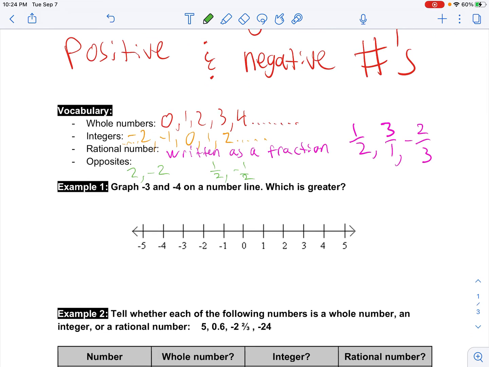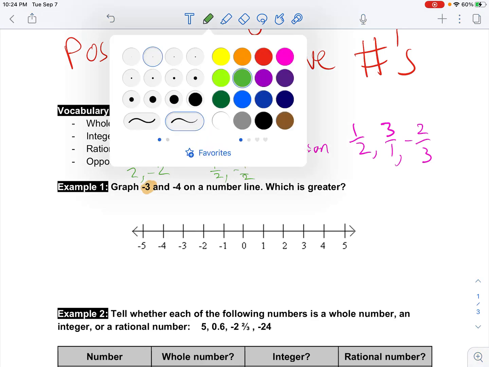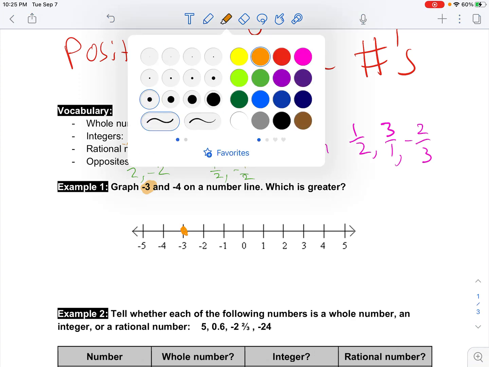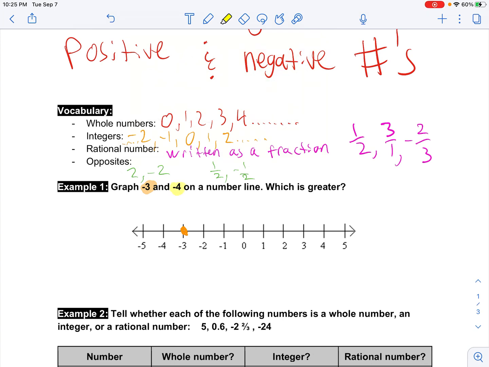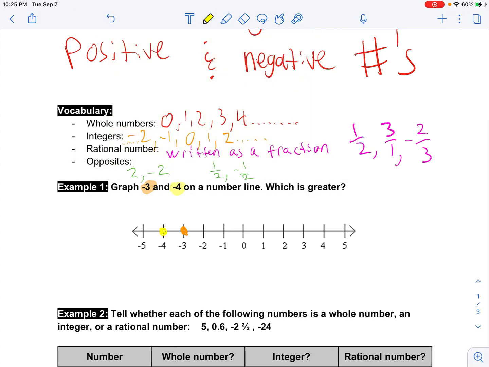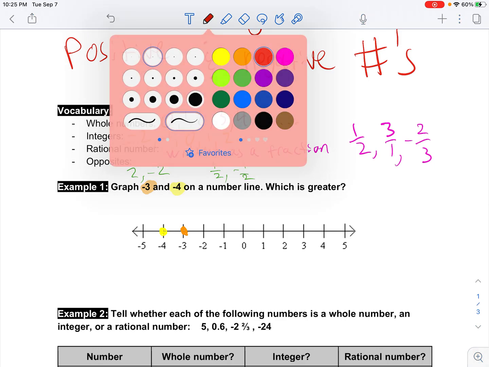Now let's take a look at our number line. If I were to graph -3, I'm going to find -3 and put it on my number line. And then if I graph -4 and put that on my number line, the question is, which is greater?